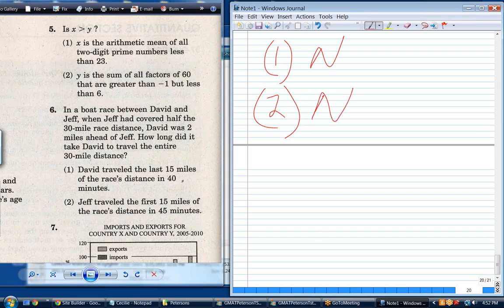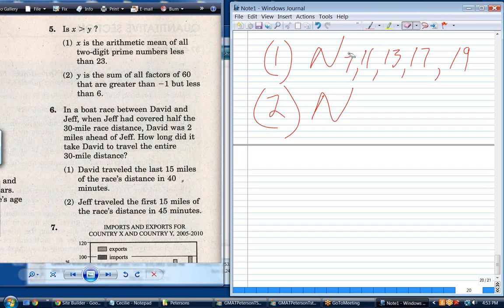So we knew all along that it was going to come down to the moment we see that, we know it's just a question of whether both of them together work or not. So if the test was about to run out, we'd have a 50-50 chance of guessing right, which is good. Okay. So now let's figure out what these numbers are. X is the arithmetic mean of all two-digit primes: 17, 13, and 11.